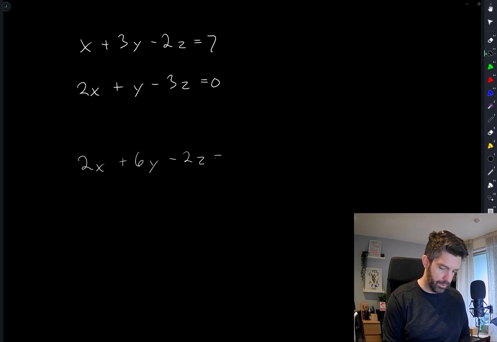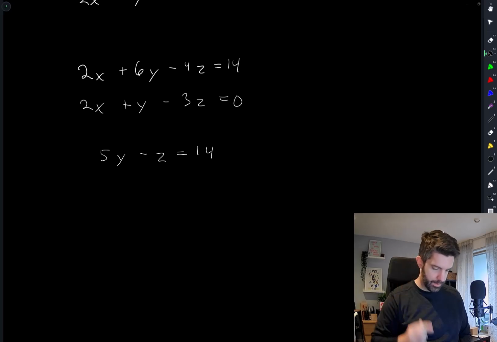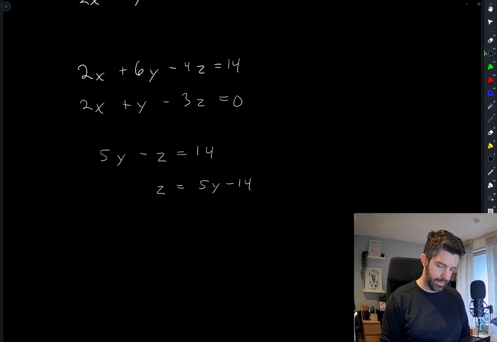Minus 4z is equal to 14. And I have 2x plus y minus 3z is equal to 0. So if I subtract the bottom line from the top line, I have 5y minus z is equal to 14. So z is equal to 5y minus 14.